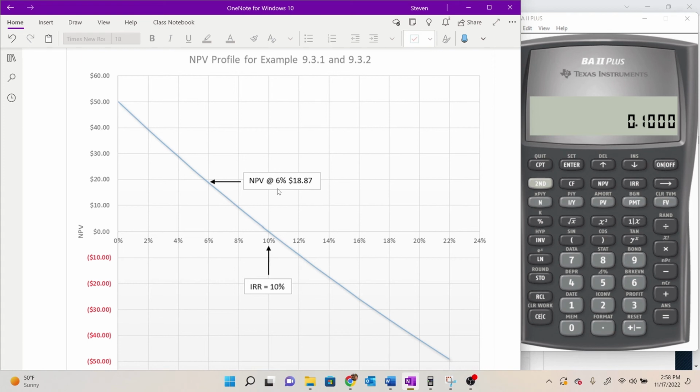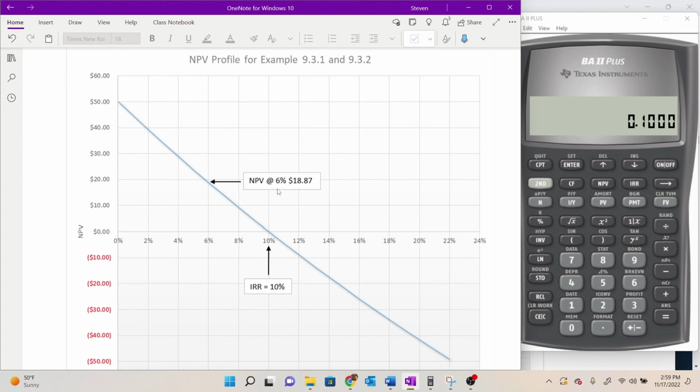And then the internal rate of return of 10%, remember that is where the net present value is equal to 0. So with these 2 points, a net present value at a discount rate of 6% of $18.87, we get 1 point here where at 6% our NPV is just under $20. And then we get a second point when we calculate the internal rate of return because we know that 10% is at a net present value of 0.